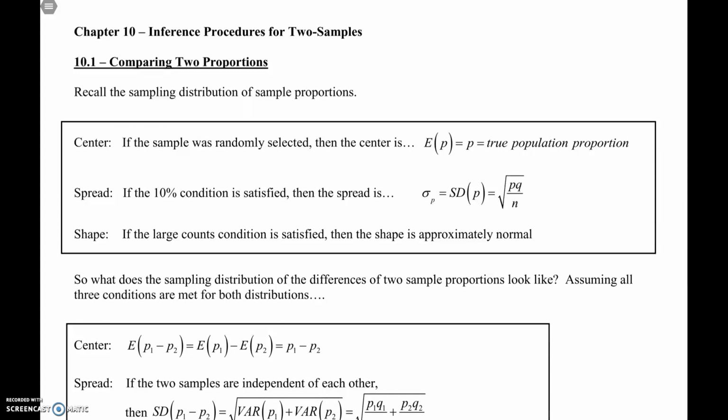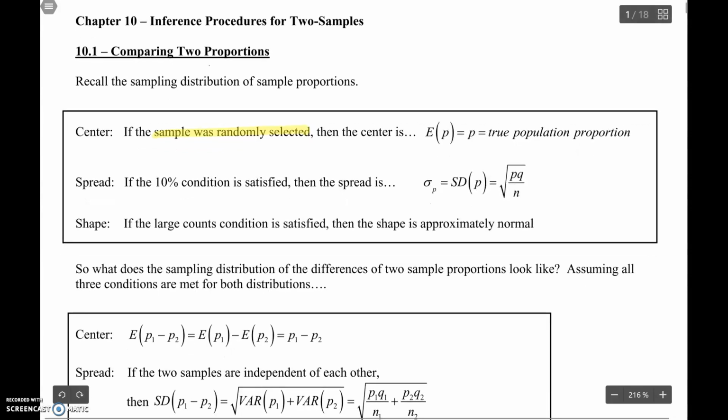So first, let's review the sampling distribution for a single proportion. Center. This is the condition: if the sample was randomly selected, then the center, so this is comparing two proportions, by the way, two percentages, then the expected value of my p hat is going to be p, the true population proportion.